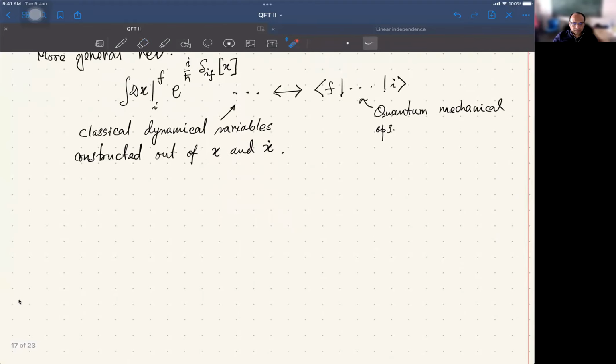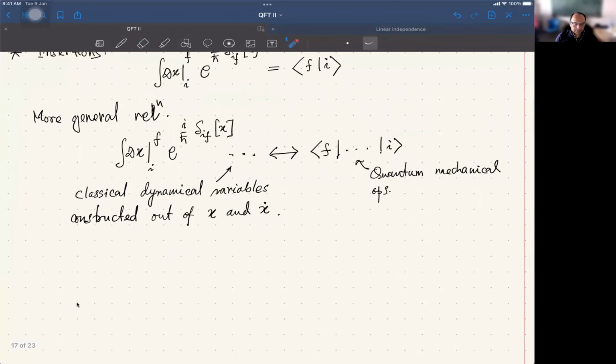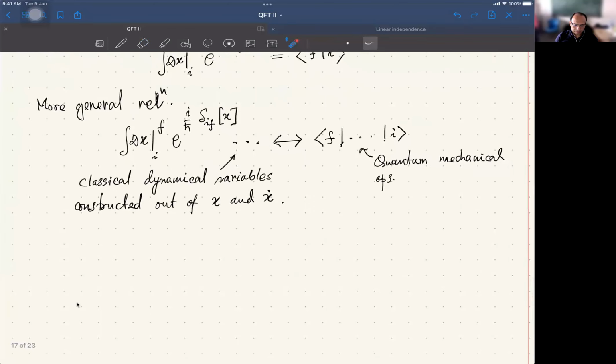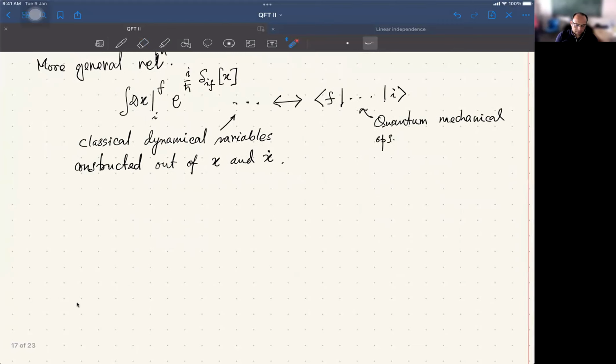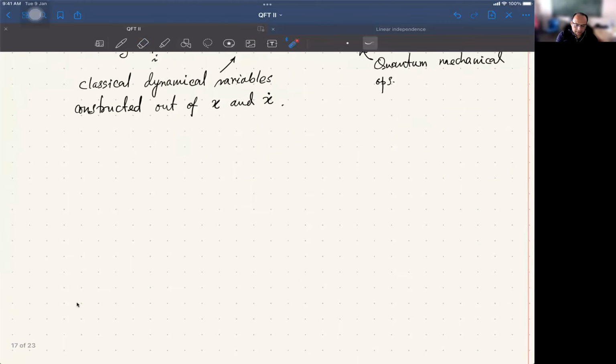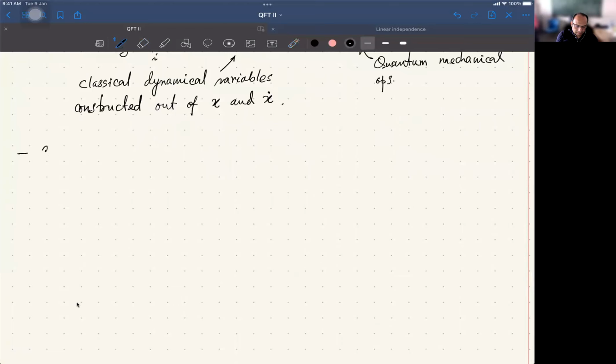Now, a concept which is useful in asking this kind of question is cutting open and sewing of the path integral. So let me discuss that.